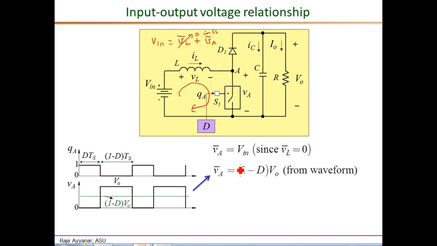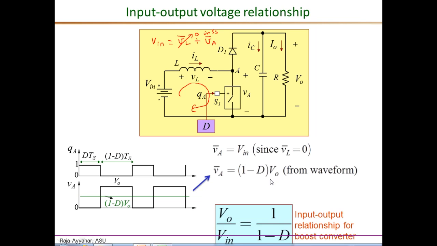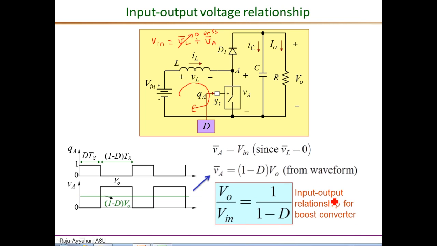And comparing these two equations, we see that Vin equals 1 minus D times VO, or the required input-output relationship is that VO over Vin, the output voltage divided by the input voltage, is equal to 1 over 1 minus D, where D is the duty ratio as defined with respect to the switch S1.